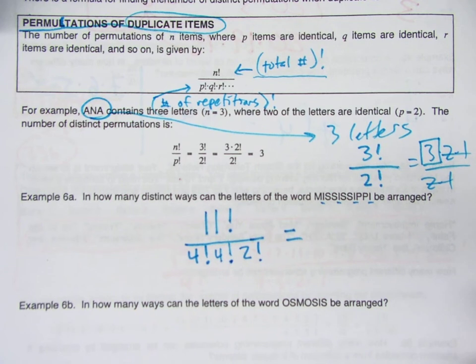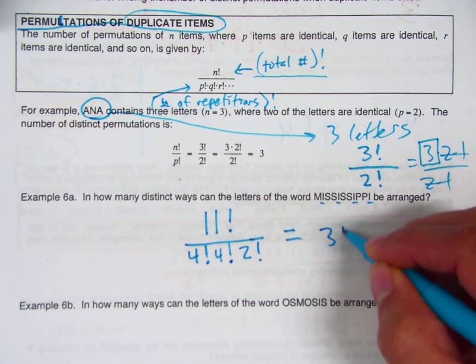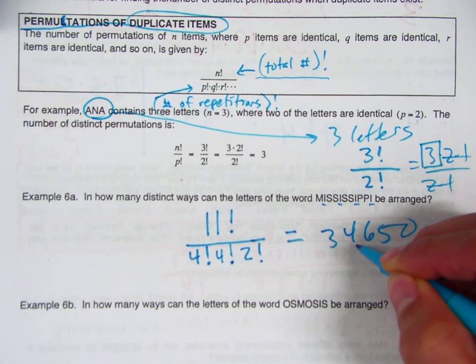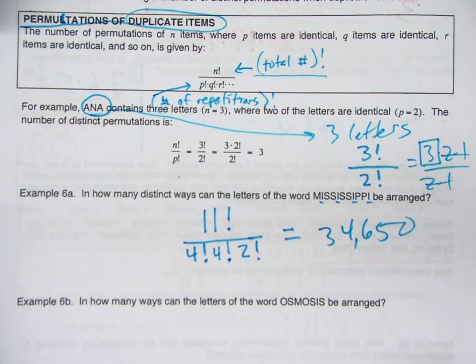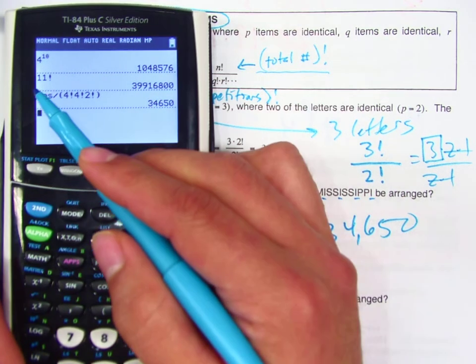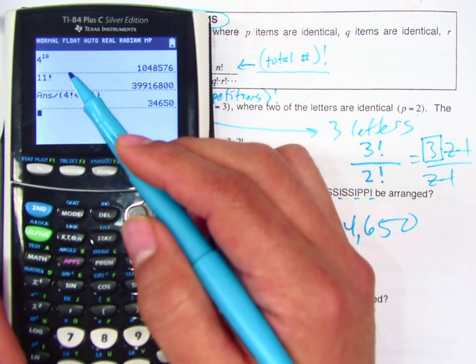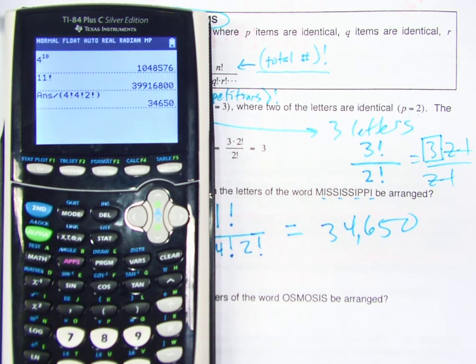All right, what are we getting? 34,650 is correct. I have a feeling you probably did 11 factorial divided by 4 factorial. You need parentheses around the entire denominator.